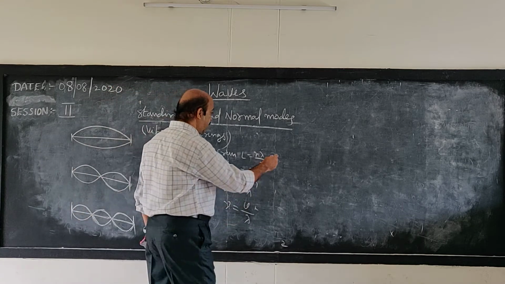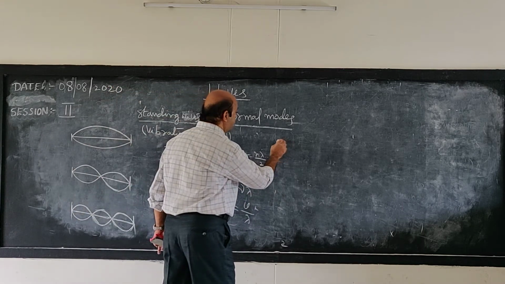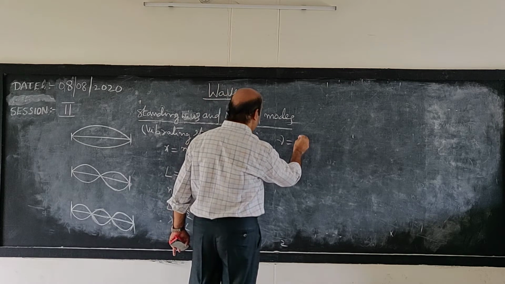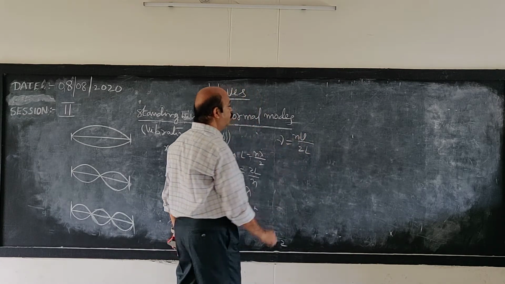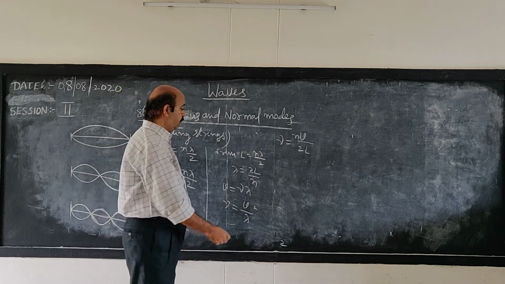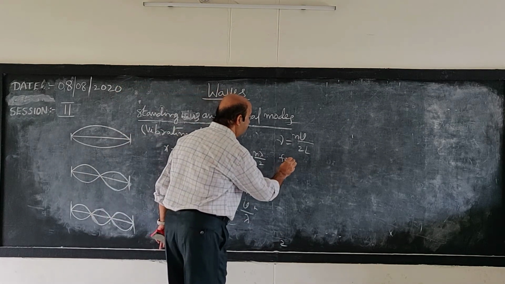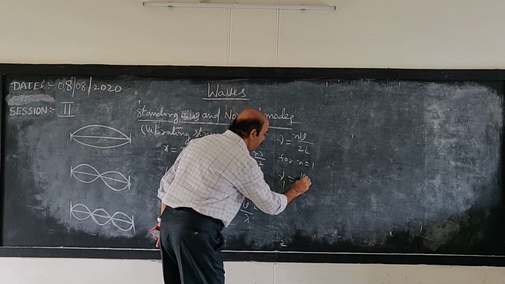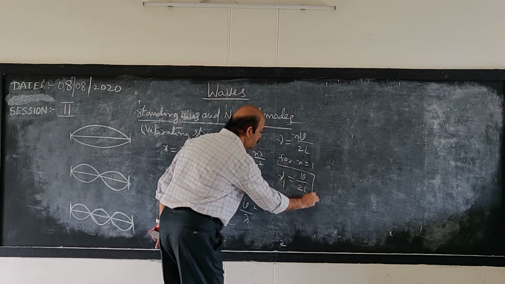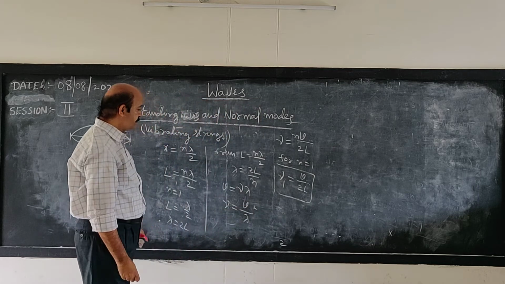So in general you can write nu is equal to nV by 2L, where n goes to the numerator. For n is equal to 1, nu 1 will be equal to V by 2L.